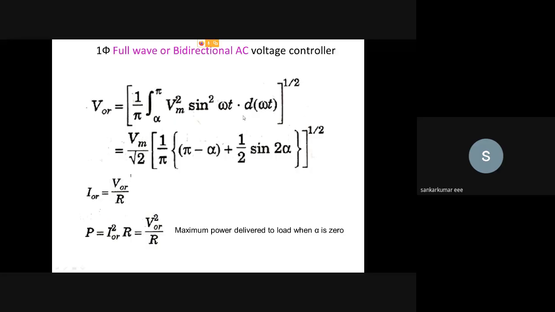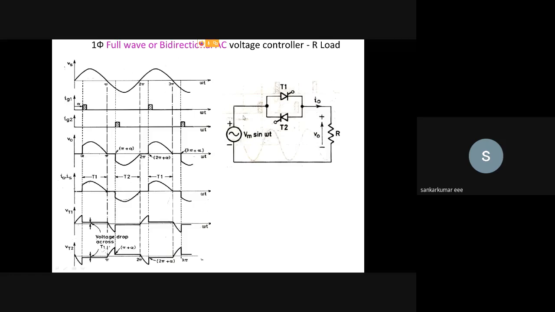Last class we saw this bidirectional AC voltage controller for resistive loads. This is the circuit diagram. It has two anti-parallel connected thyristors T1 and T2. T1 conducts for the positive half cycle, and T2 conducts for the negative half cycle.